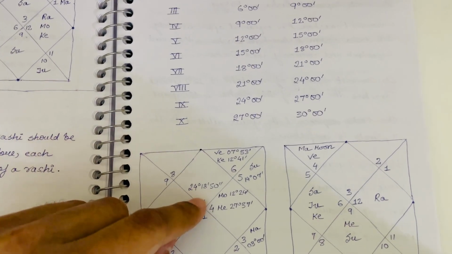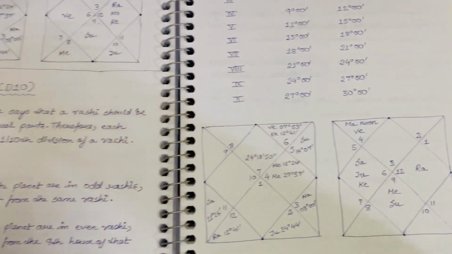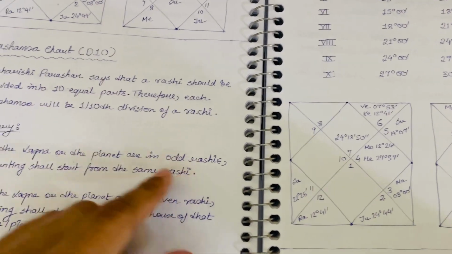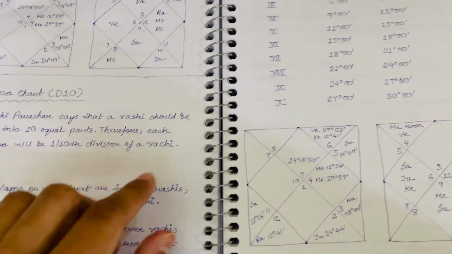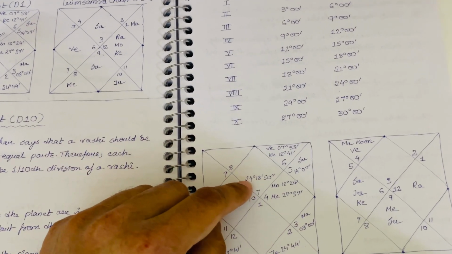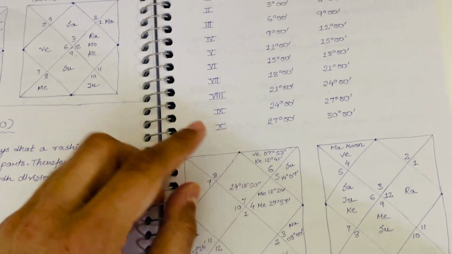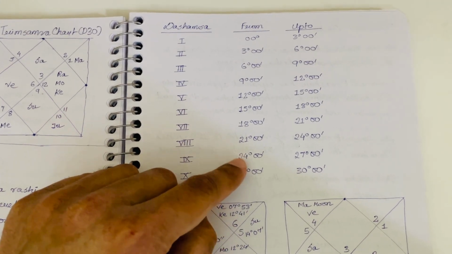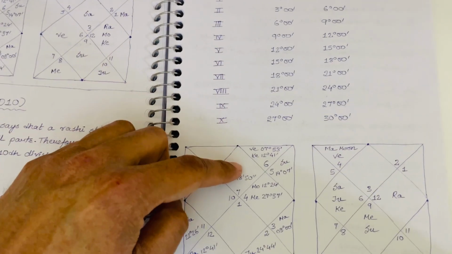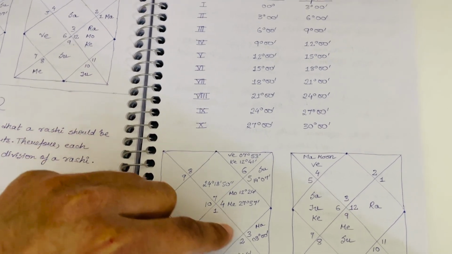We'll start with the Lagna. The Lagna is the sign of Libra, 7. 7 is an odd Rashi. If it is an odd Rashi, counting shall start from the same Rashi. The longitude of the ascendant is 24 degrees 19 minutes. So 24 degrees 19 minutes falls in the 9th Dasamsa. So from here you count 9: 1, 2, 3, 4, 5, 6, 7, 8, 9.